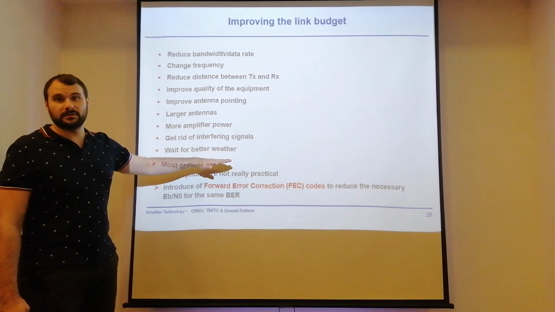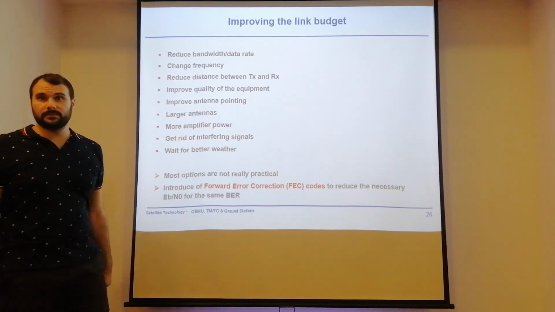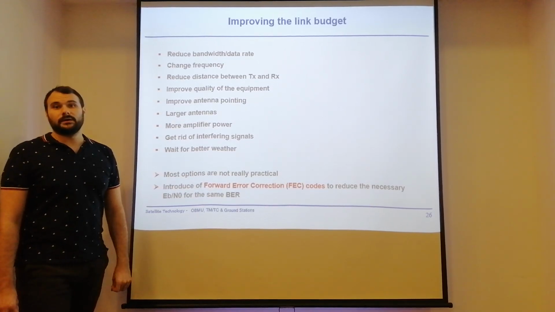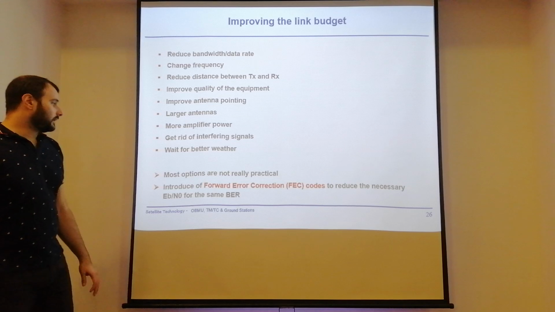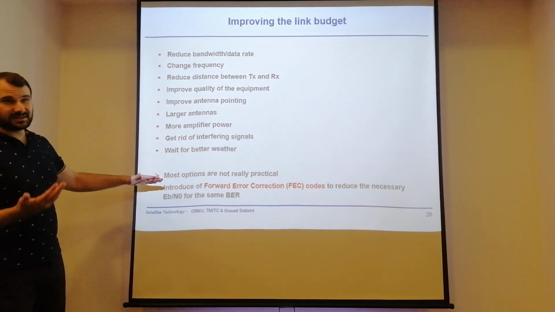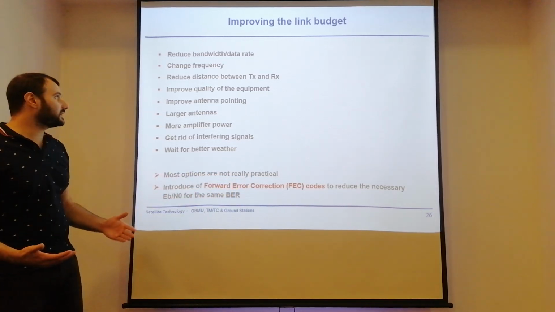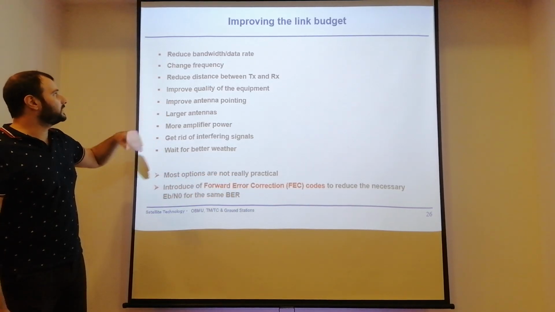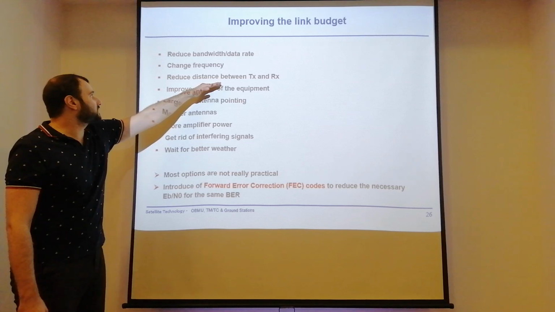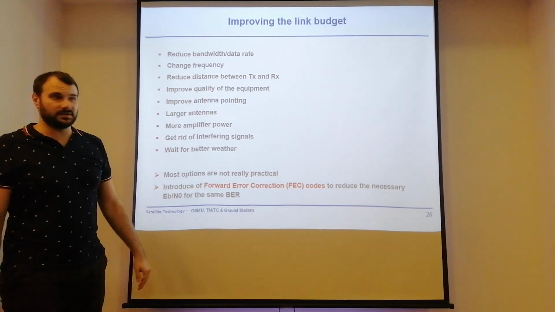Yeah? We had atmospheric influences, bad weather, heavy rain might be a reason here. However, as you can see, in terms of satellites, most of the options are not really practical. Yeah? We have a satellite that has certain equipment, that has a certain orbit. We cannot change the distance and we cannot change the frequency.